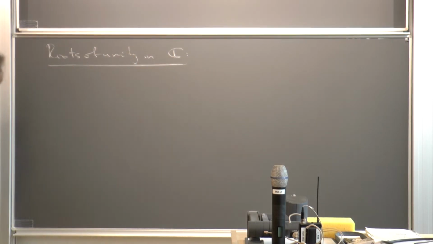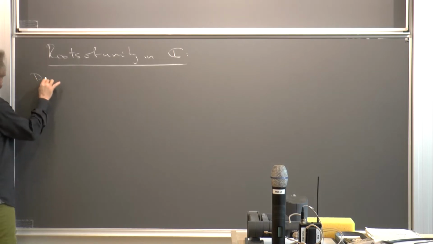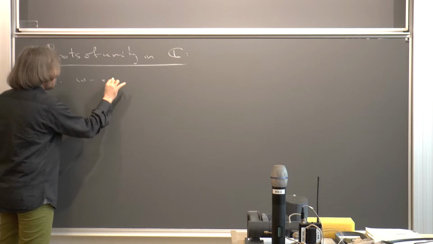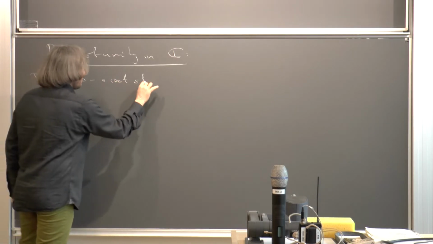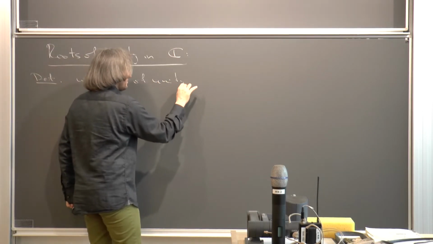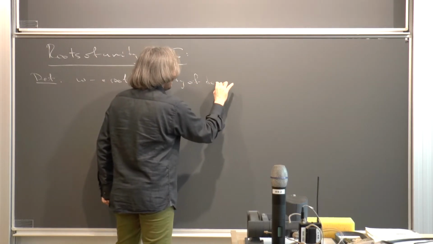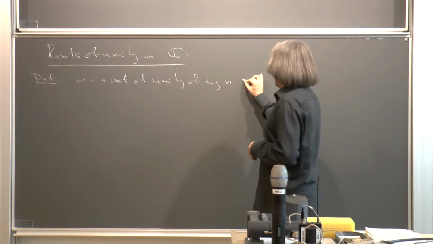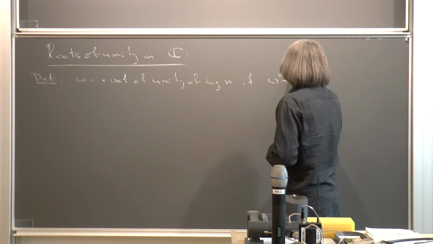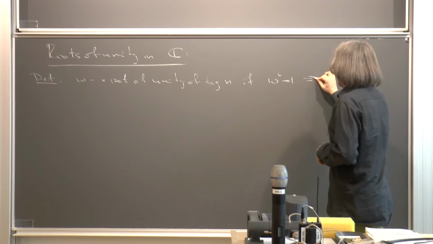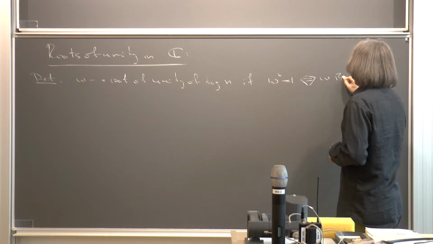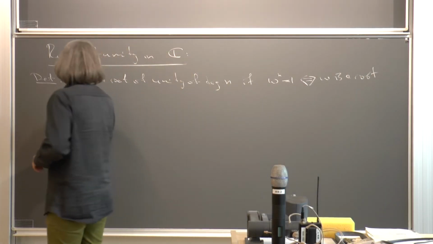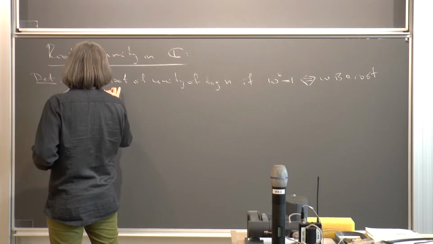Just by definition, let's say omega is a root of unity of degree n if omega to the n equals 1, or equivalently, omega is a root of the polynomial z to the n minus 1.